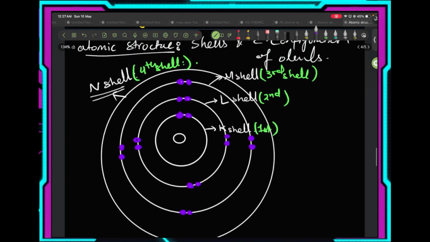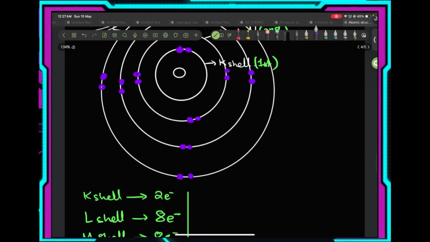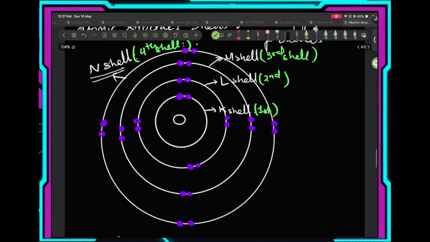And then after that, we would also fill 8 electrons in the last or the fourth shell, which we call the N shell. So basically, you're just following alphabetical order to name the shells, right? This was the atomic structure that we studied in O levels. Clear up till now?